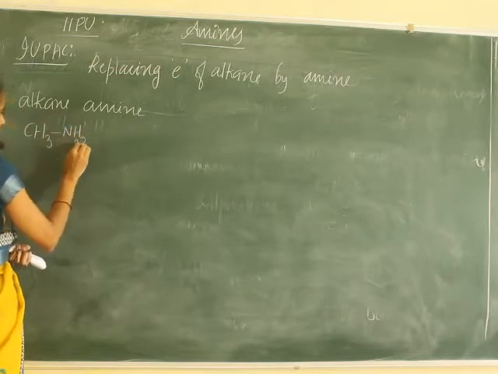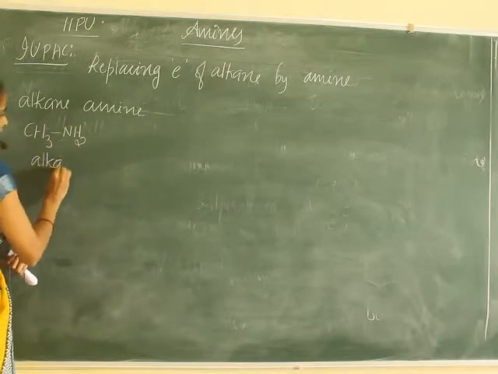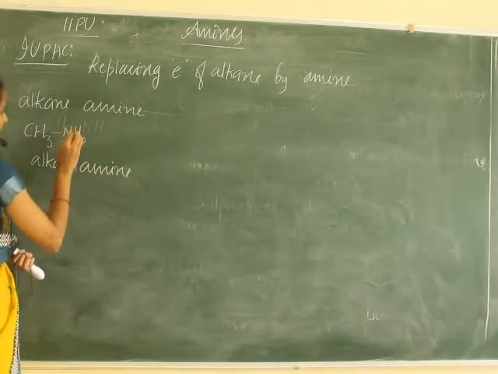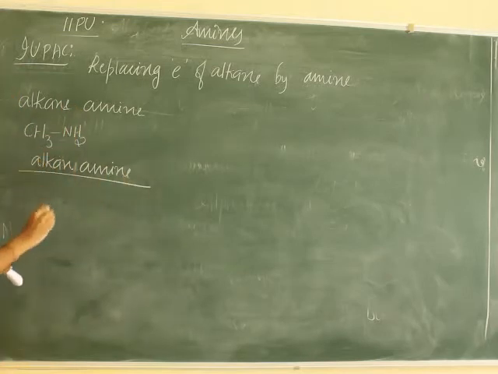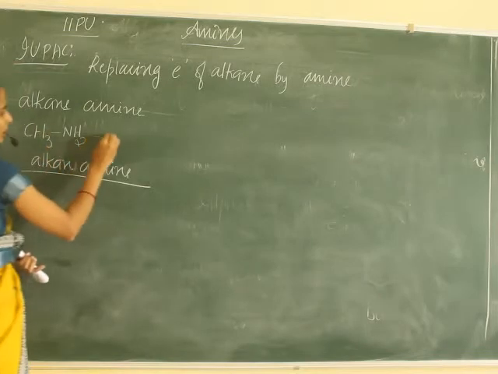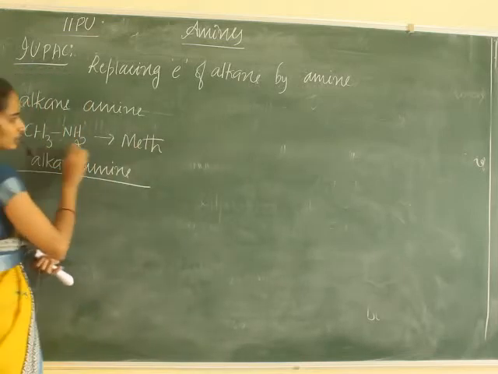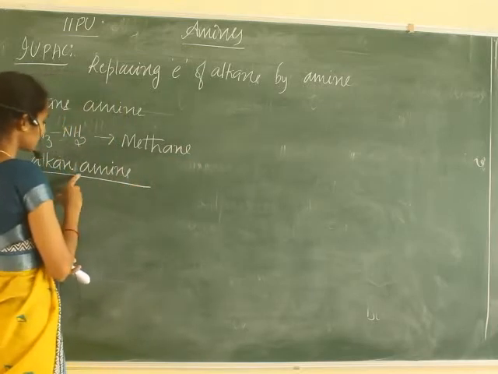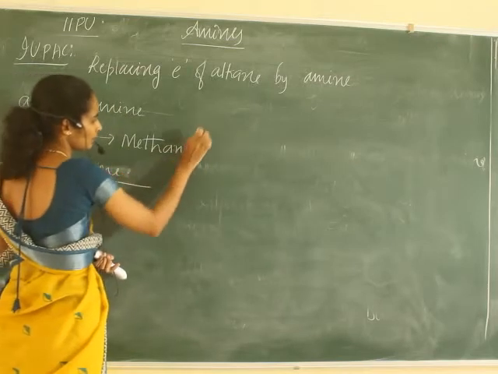Take CH3NH2. How can we name it? Replacing E by amine: alkane and amine, we have to replace E by amine, hence the name is alkanamine. Here it is methane amine, since there is one carbon atom, hence methane. Now in the IUPAC system we write it in the form of alkanamine, E replaced by amine.